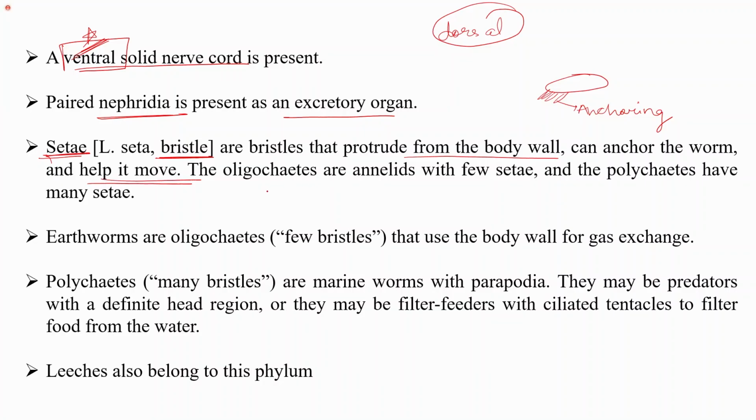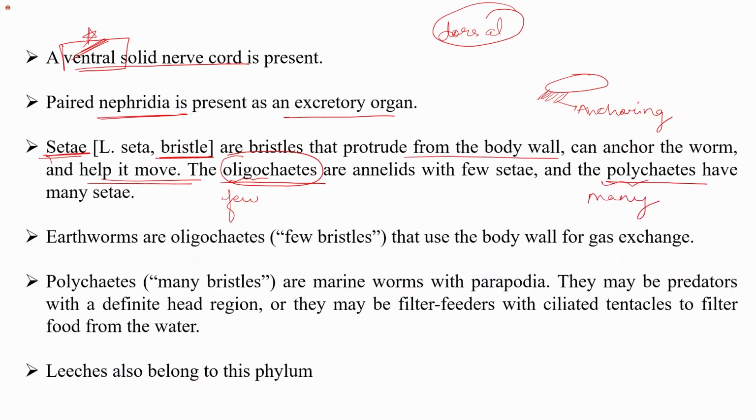So on the basis of the number of setae, all organisms of phylum Annelids can be divided into different categories, for example oligochaetes and polychaetes. Oligochaetes, as the name suggests, oligo means few, poly means many.